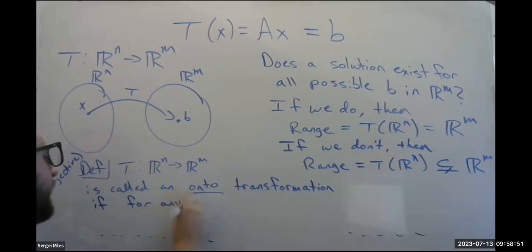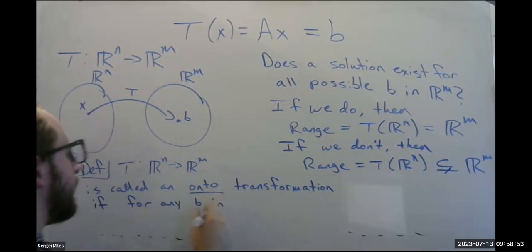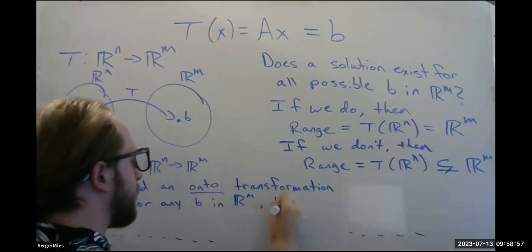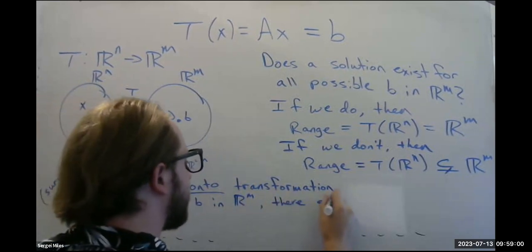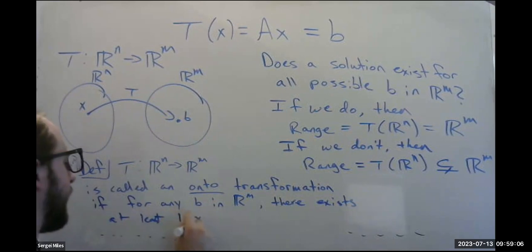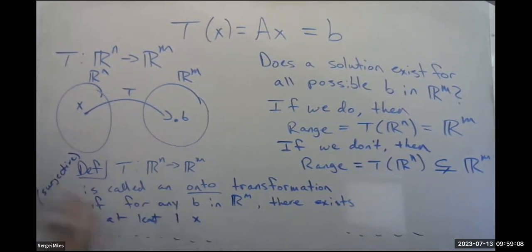for any B in my codomain, there exists at least one X. Note, it doesn't have to be only one.